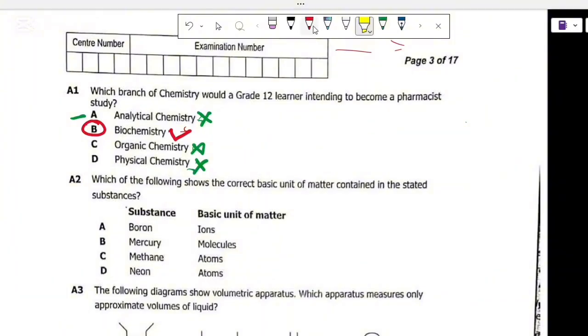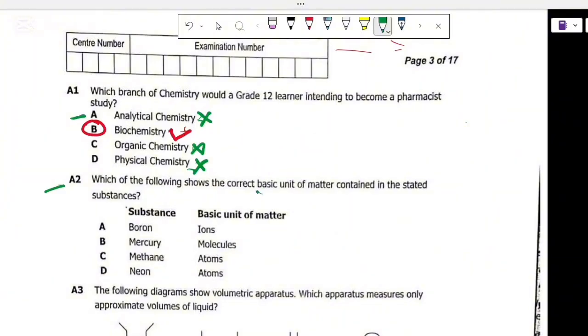Now, the next question is saying, which of the following shows the correct basic unit of matter contained in the stated substances? So we are talking about the basic unit of matter.